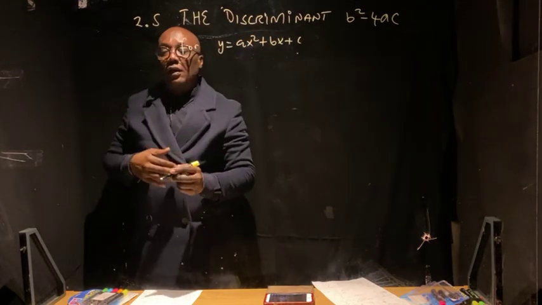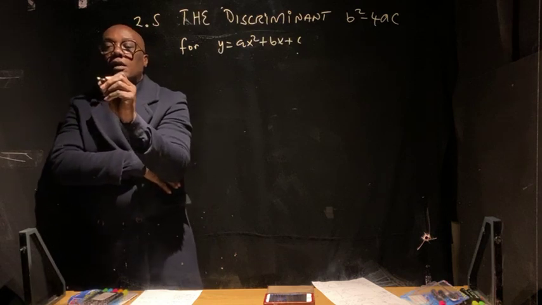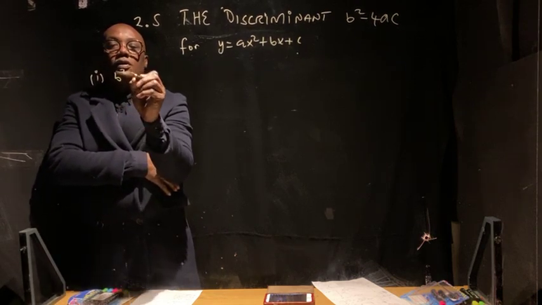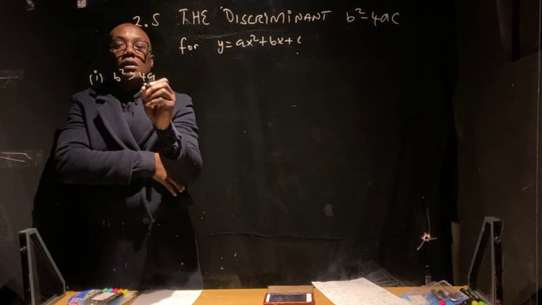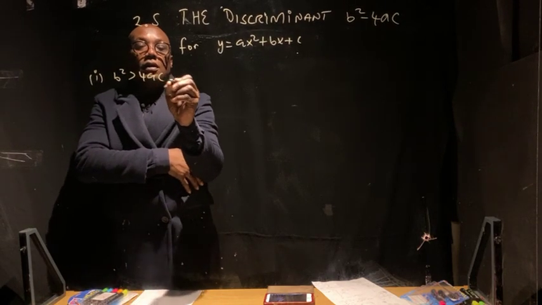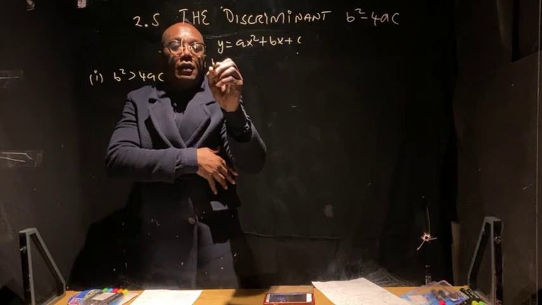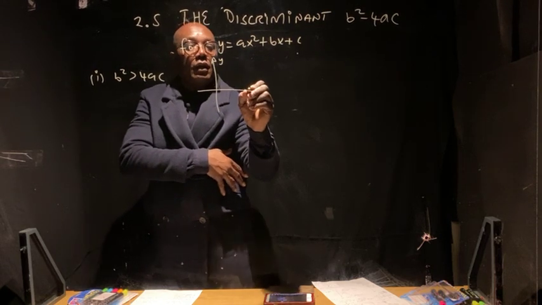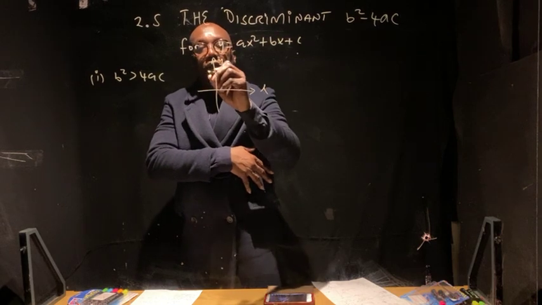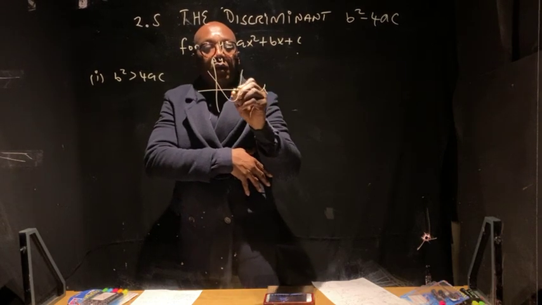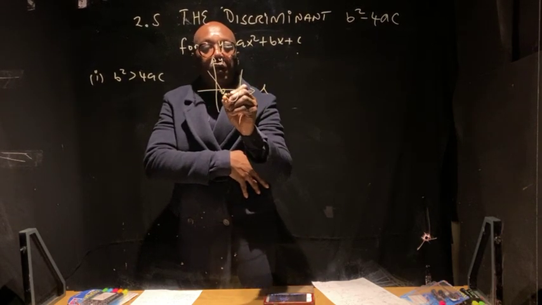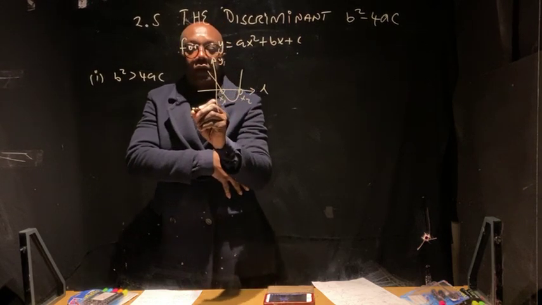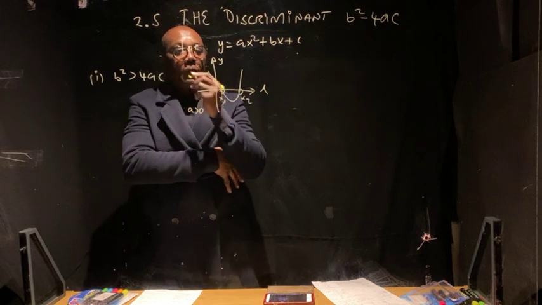Now, in summary, this is how it is. The first one, b squared is greater than 4ac. The curve will look like this, this is y, and this is x. The curve will look like this, with x1 and x2, for the case a is greater than 0.